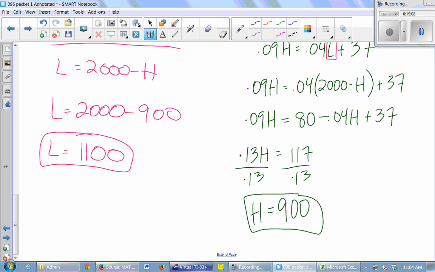My very last thing I should do is to answer the question with a sentence. So somebody say, what do those two numbers mean? It means that Gary invested $1,100 in the low interest account at 4% interest. He invested $900 in high interest at 9%.